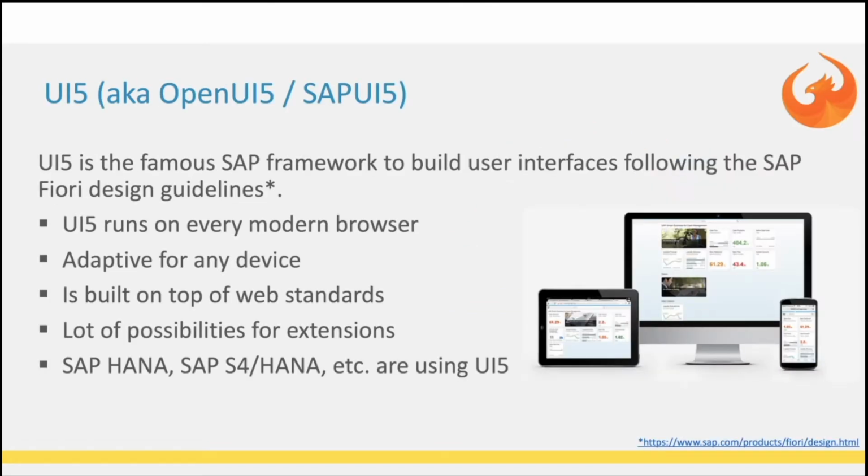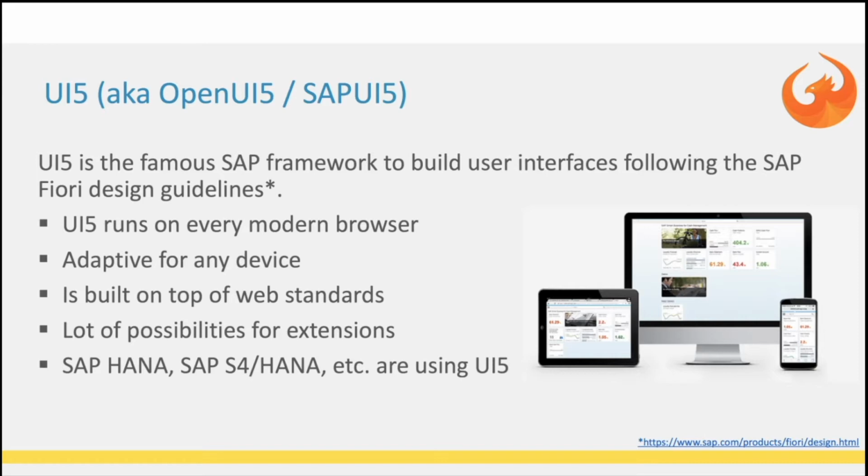So UI5. UI5 is a framework that SAP had built to bring intuitive and consistent user experience across different SAP portfolio solutions. UI5 runs on every modern browsers that are available today, and it's adaptive on any device. UI5 as such is not a proprietary technology, but rather it's built on top of various web standards that are available today.